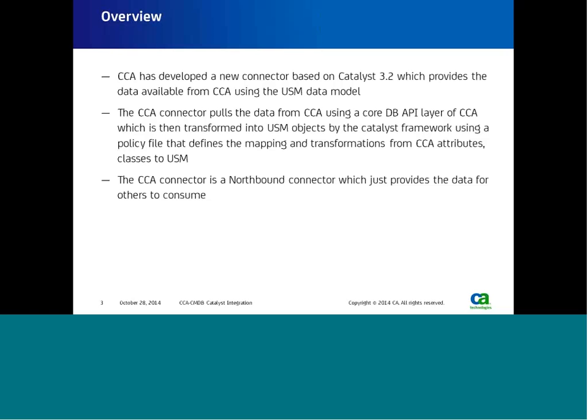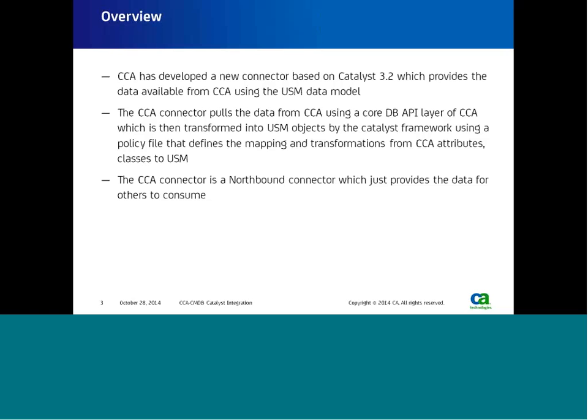Catalyst is the centralized unit and all remaining connectors, the SDM connector or CCA connector, will connect to that Catalyst server. From the CCA connector, it will pull the data from the CCA core DB API layer.